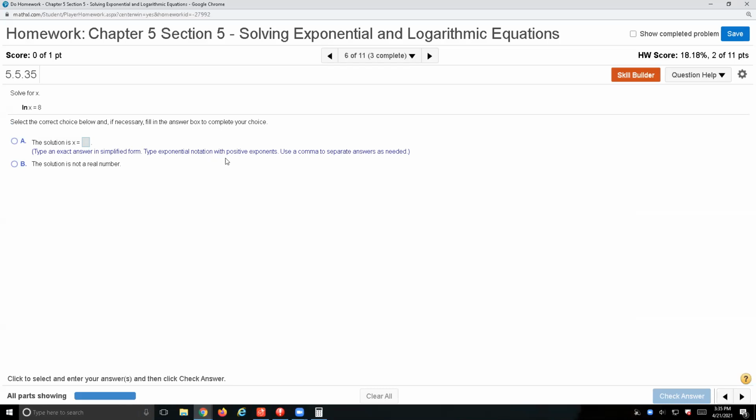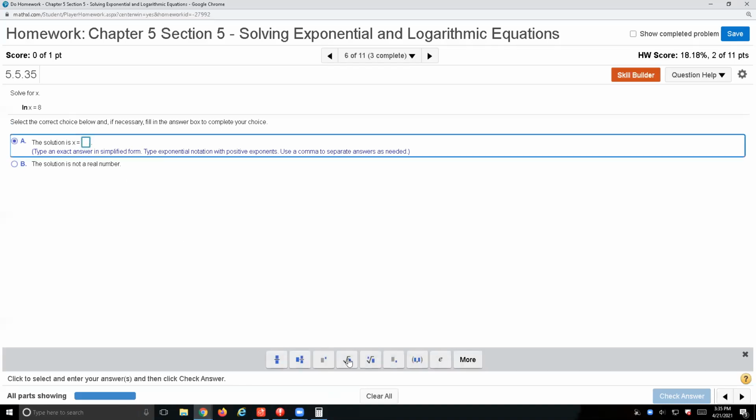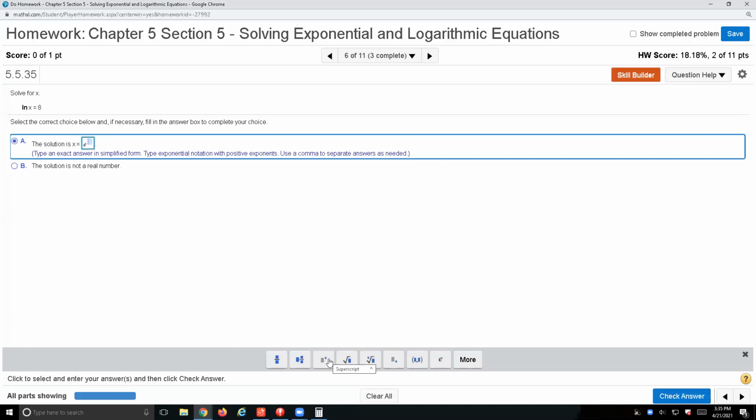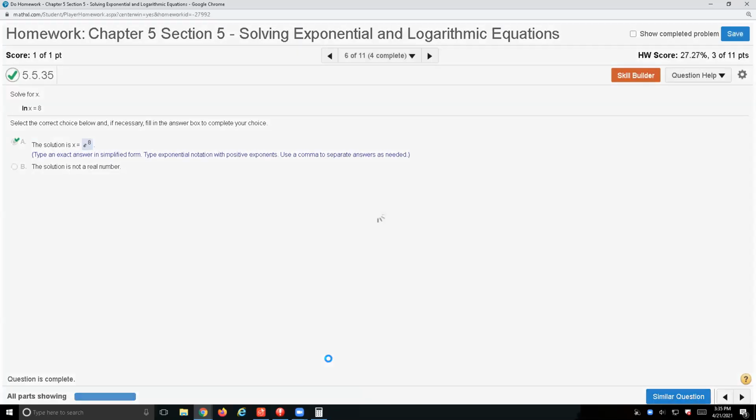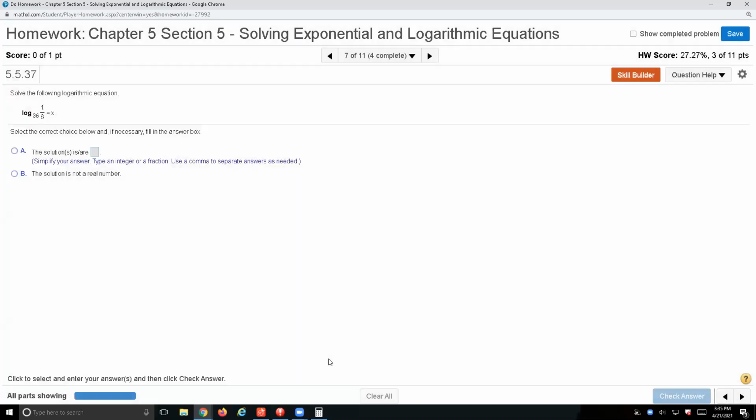Type exponential equation with positive exponents. Oh, so they just want e to the 8.